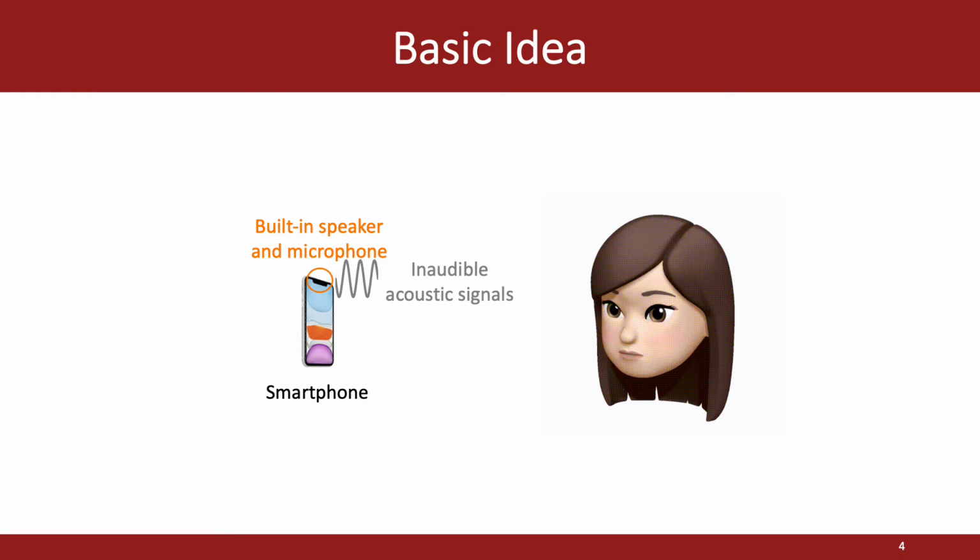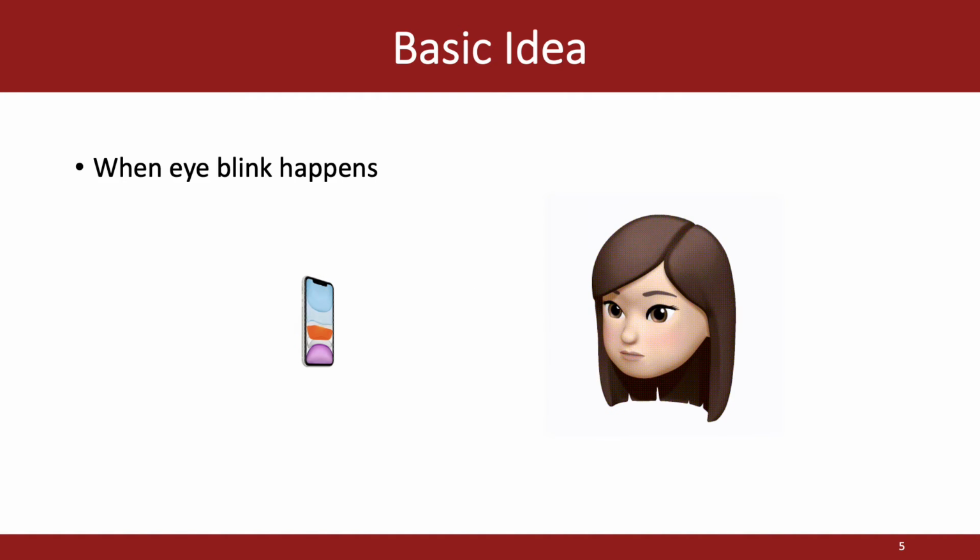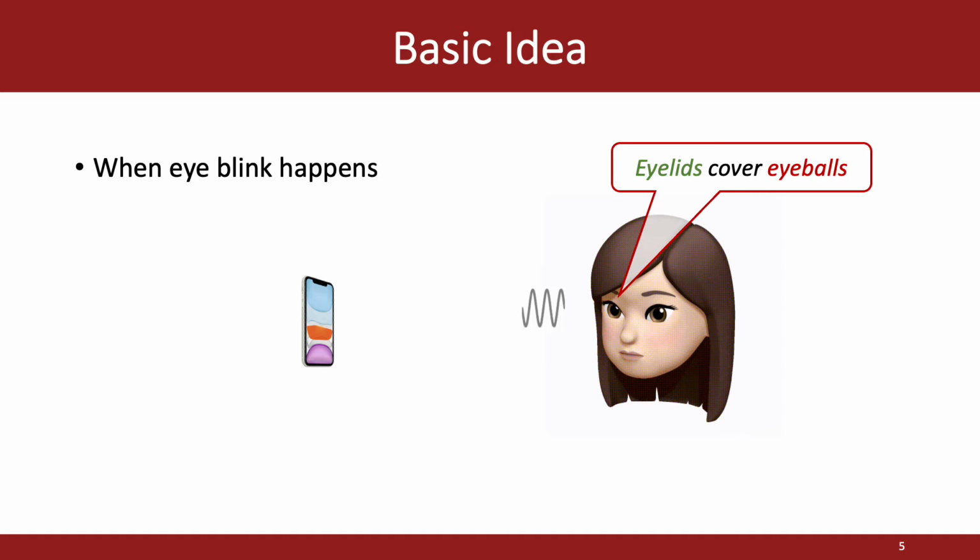The basic idea of our work is that the built-in speaker of the smartphone will emit inaudible acoustic signals. The signals will be reflected by eyes and then captured by the built-in microphone. When eye blink happens, the eyelids cover eyeballs, which will cause a signal variation.